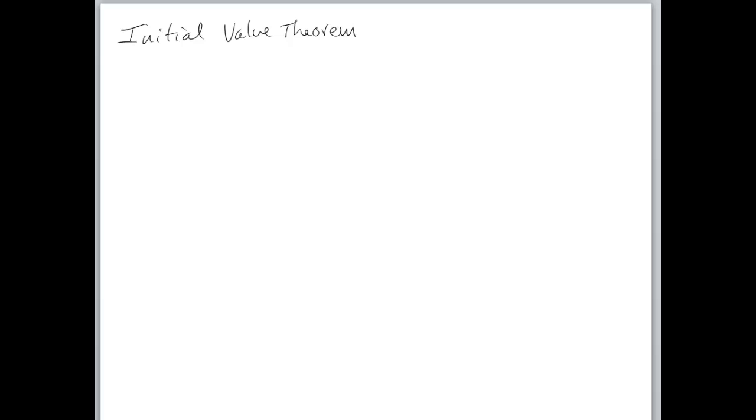So for the initial value theorem, which really is just the value of the system at some initial time, so that would be t0, what this theorem will allow us to do is, by looking at the Laplace transform of our function, find out what the initial value of that function is. And this isn't at a time where t exactly equals 0, but at a time just after t equals 0.